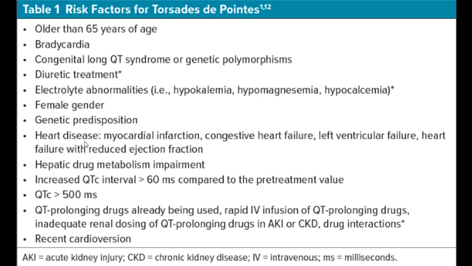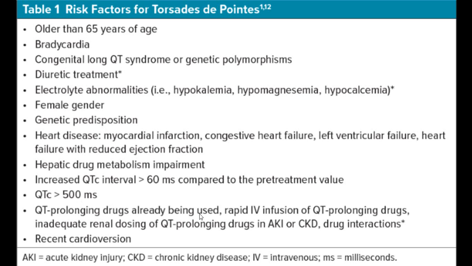Some of the cardiac conditions like myocardial infarction, congestive heart failure, left ventricular failure, etc. with severely reduced ejection fraction. Hepatic drug metabolism impairment, particularly which increases the chance of long QT. And some of the drugs which are very commonly known to produce long QT are quinolones, and if QTc is more than 500 milliseconds, the chance is more.